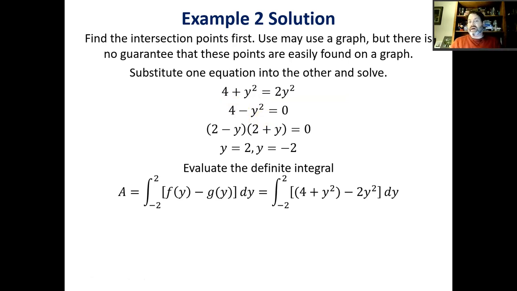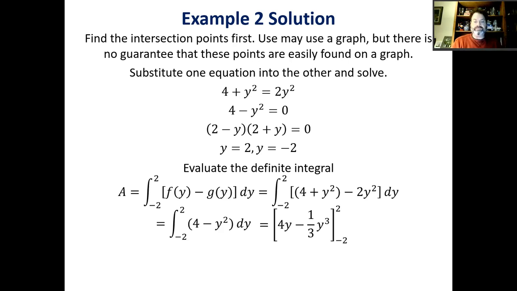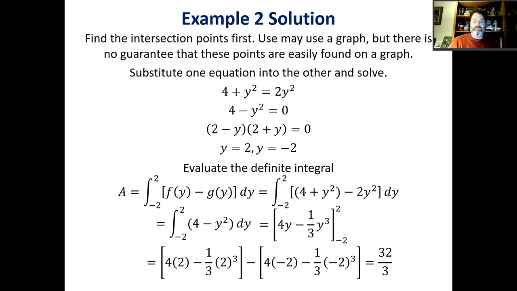That happens sometimes. When you're solving these, though, you don't always get the same thing because you might have them switched when you're solving. In this case, it is the same. So it's 4 minus y squared. Another very easy integral to do. Plug the numbers in, and you get 32/3.